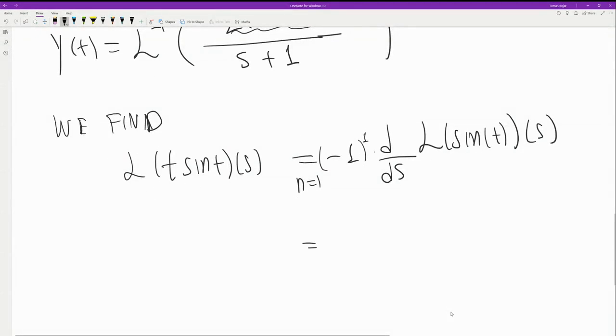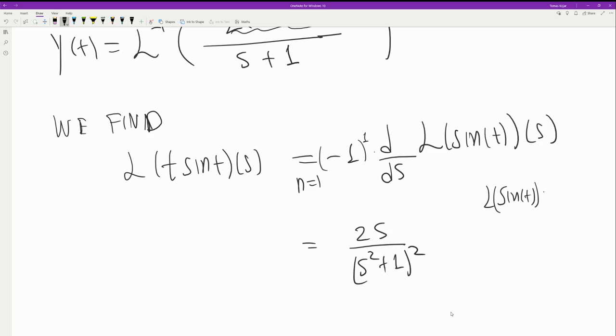And this is nothing else but, so what is it? 2s over (s squared plus 1) squared, because the Laplace transform of sine is 1 over s squared plus 1.